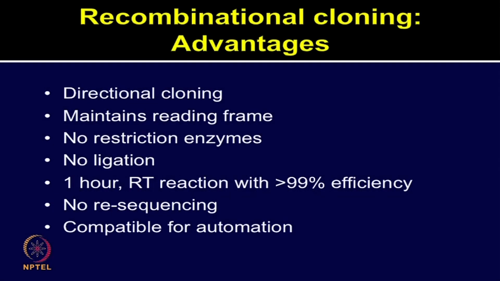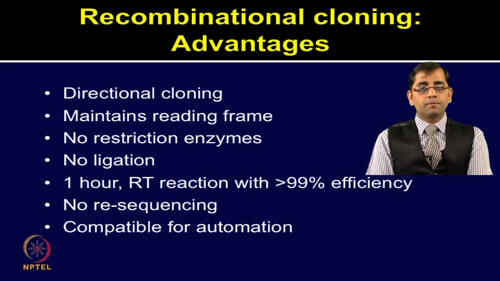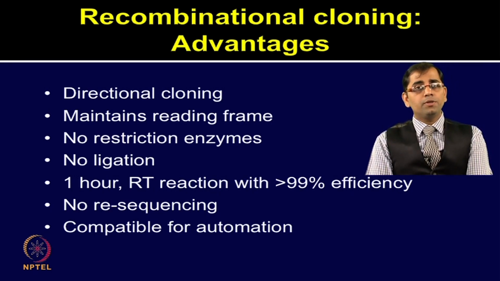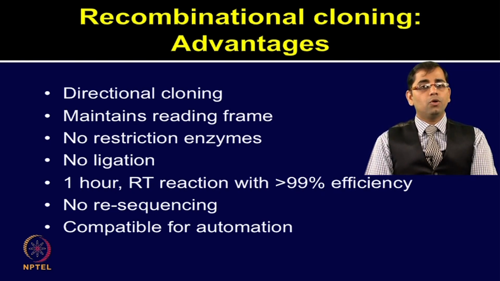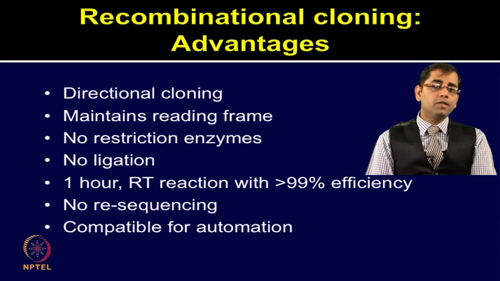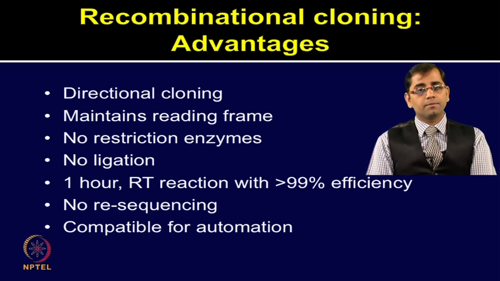After watching this animation, now let us talk about the use of recombinational cloning for protein microarray applications. You have seen that recombinational cloning is directional cloning. It maintains the reading frame. There is no need for adding restriction enzymes or ligation procedures, which is performed in the case of conventional cloning.